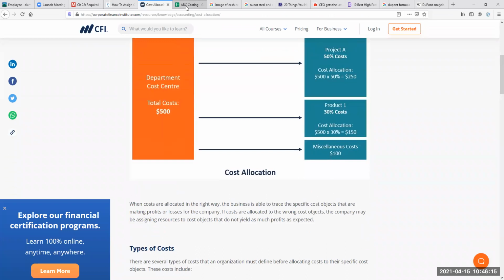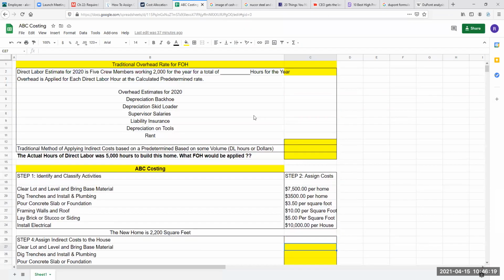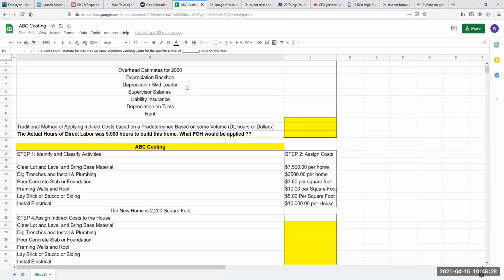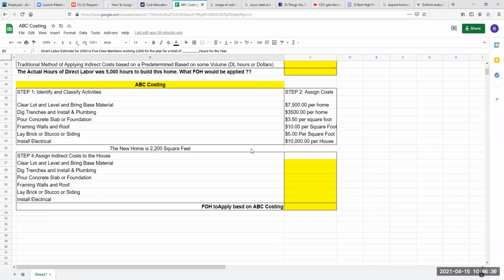Now, here's an example we did a while back, where I asked you to figure out traditional overhead. We've been using direct labor for many years because labor's been the main thing we had access to. But now we have artificial intelligence, we have robots, we have many things helping us.